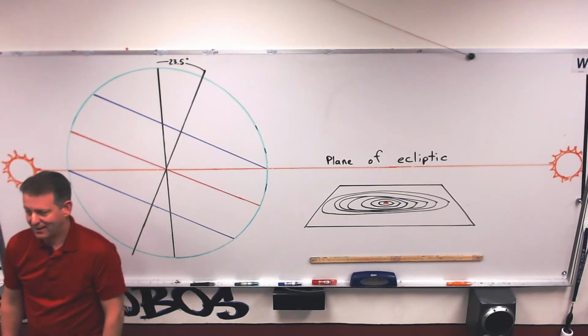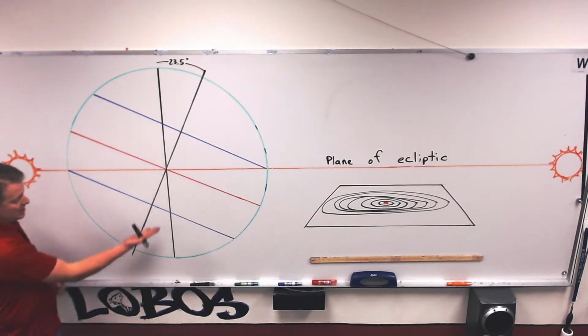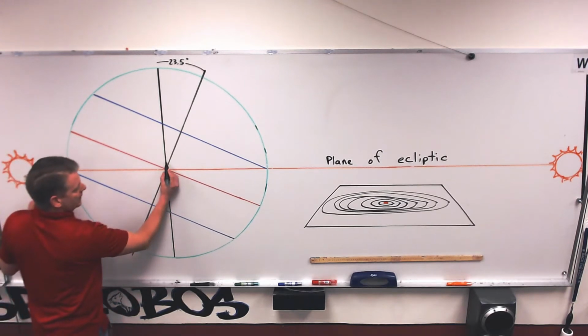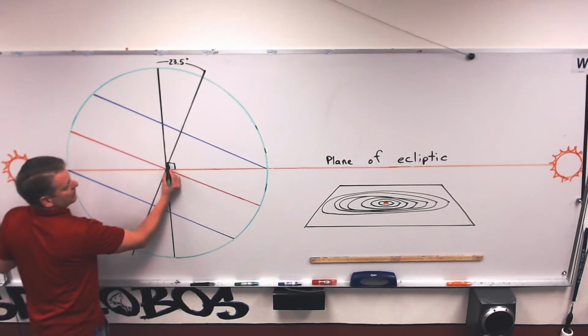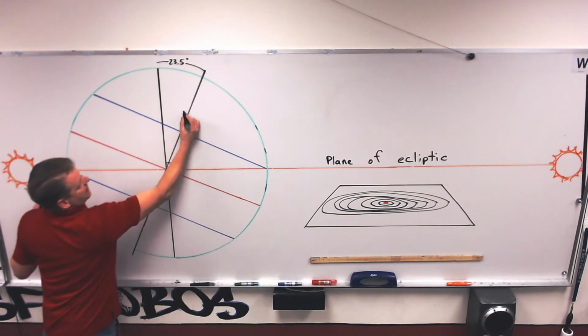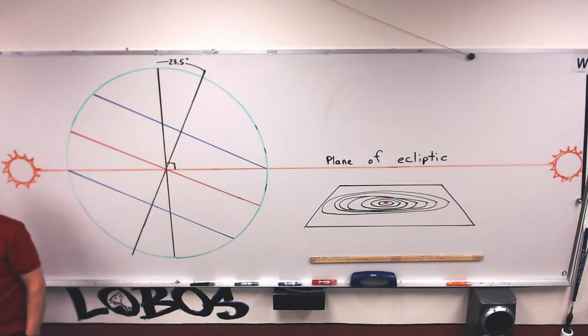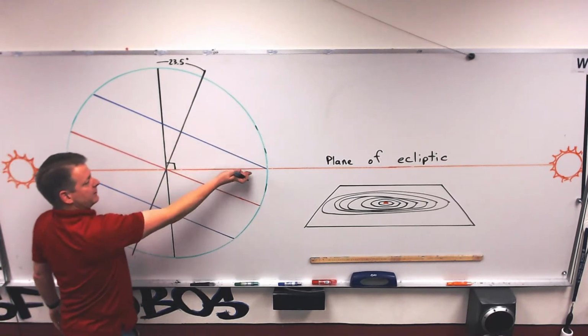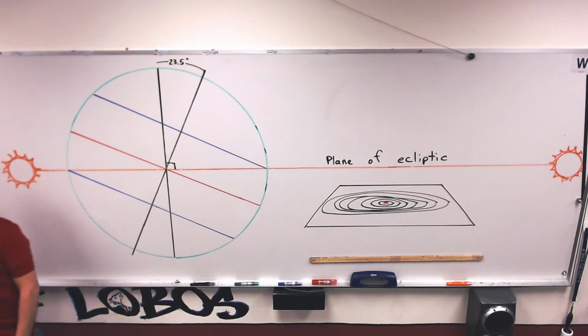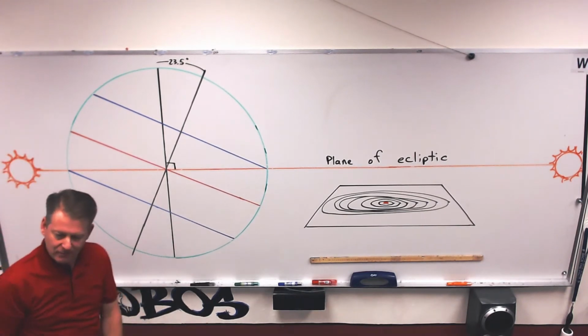Plane of what? Very good. You see this right here? Plane of ecliptic, 90 degrees. That's 23.5 degrees based off of that plane of ecliptic. Very good. Which means what would be the rest of it? 23.5 minus 90, right?